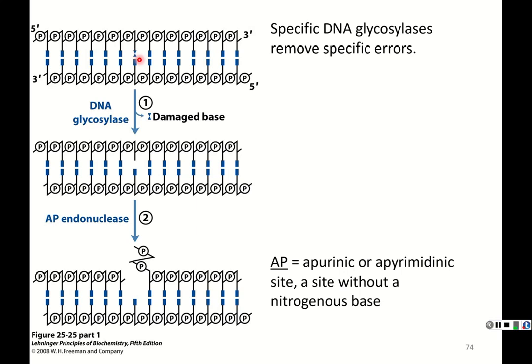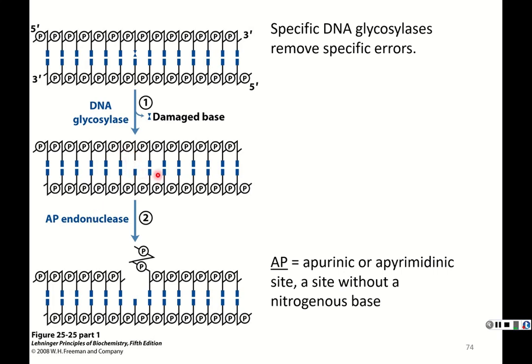Okay, that damaged base, our DNA glycosylase will identify, and then it removes just the base. So the ribose sugar and that phosphodiester linkage in the chain are left intact. All right, so we just are missing the base, and so that's what our AP site is.